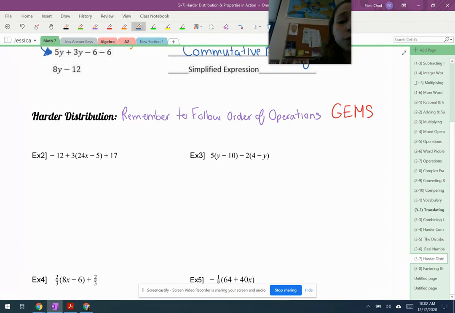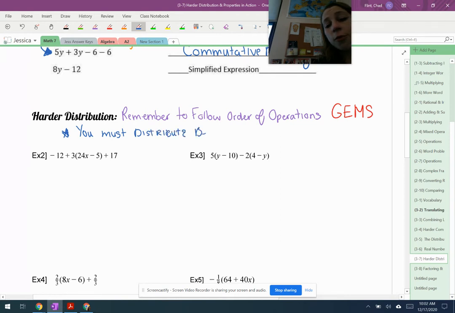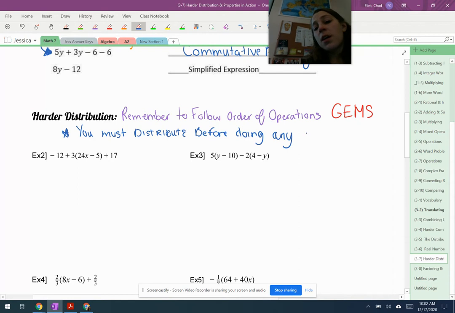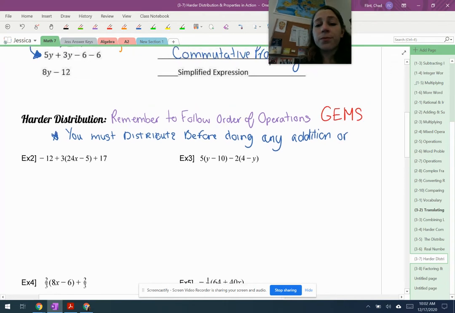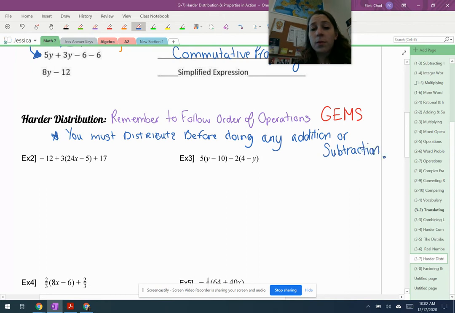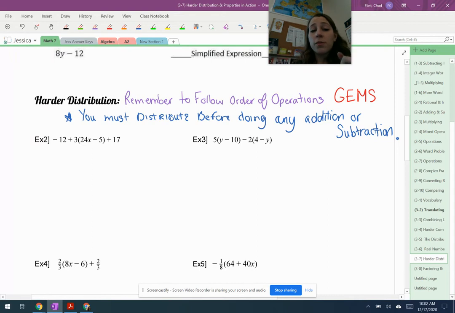Which is basically just reminding you, you must distribute before doing any addition or subtraction. So, order of operations, you have to do any distribution before doing any addition or subtraction.